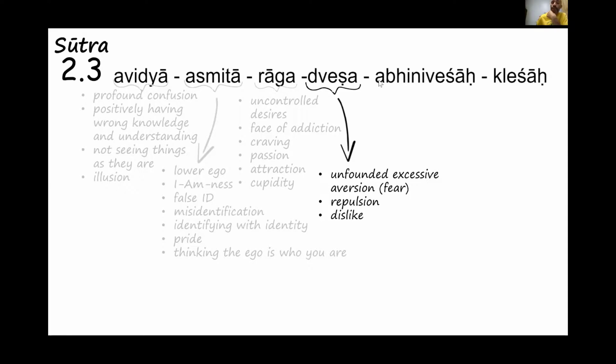Or we might avoid a class that we need to attend because we're going to be called on. We could be avoiding it for a number of reasons, but dvesha is avoidance of something. Or we might avoid dogs because we got bit when we were younger. Dvesha really covers all the bases of avoidance, okay?